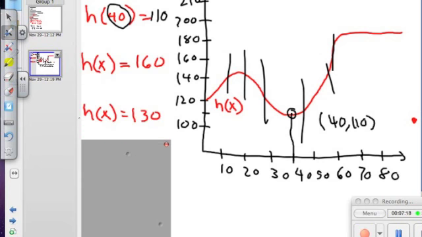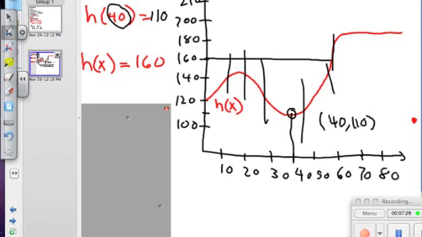Now here's a couple of the other types of questions. So you can see where h of x equals 160. Well, if we drew a line where h of x equals 160 right there, then you can sort of see that it looks like at about, what's that, about 58, we'll say? About right here, that's where h of x equals 160.